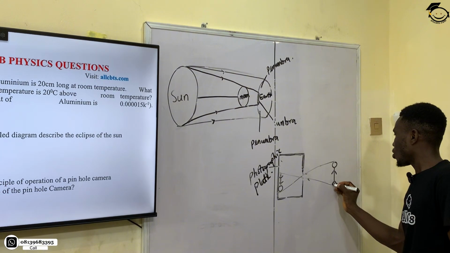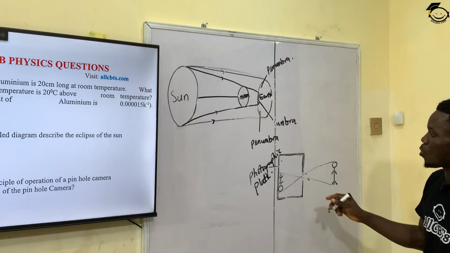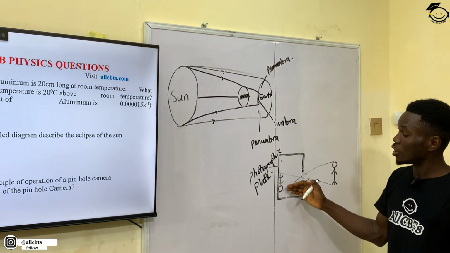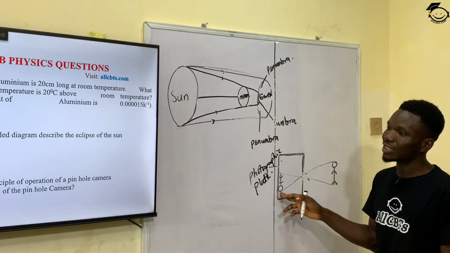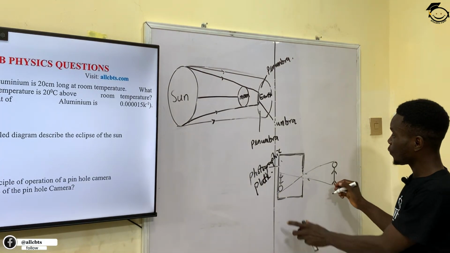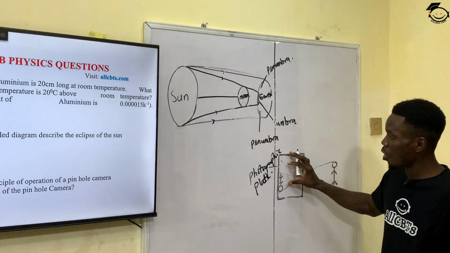So this is how your object will start looking on the pinhole camera. So the pinhole camera is going to turn it upside down, that is, laterally inverting it.